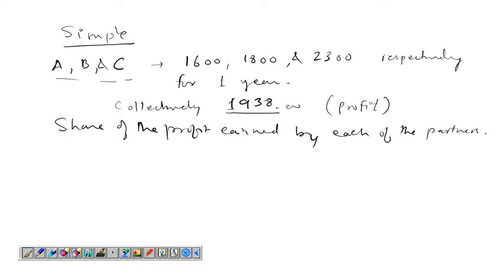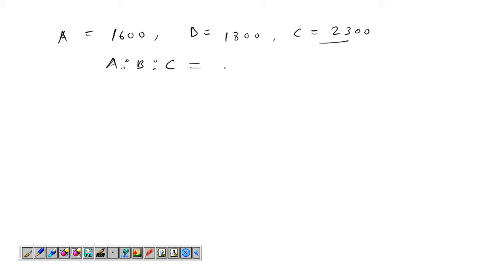Alright, so let's do this. A has invested 1600, B has invested 1800, and C has invested 2300. Since the investment is done for the same period of time, we can simply find the ratio of the investment of capital by A, B, and C, which is 16 is to 18 is to 23.